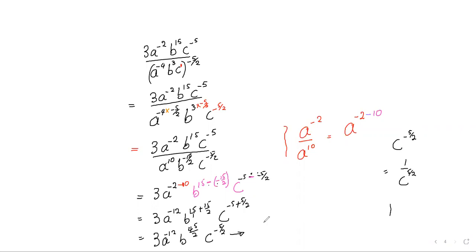So if they said to write this with positive exponents, it's going to be 3. a^-12 goes down because it's negative. If you are asked to express that as positive exponent, a will go down here and become positive. c will come down here and become positive. b will remain there as 45 over 2.